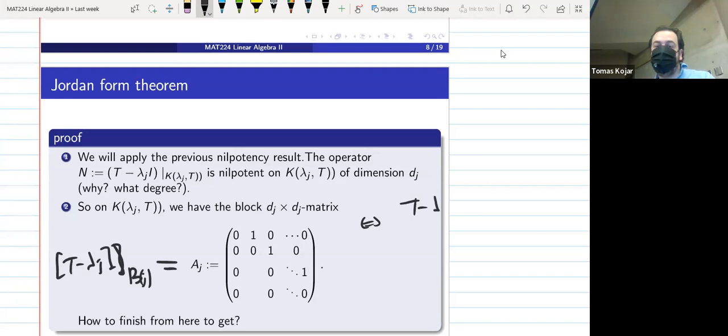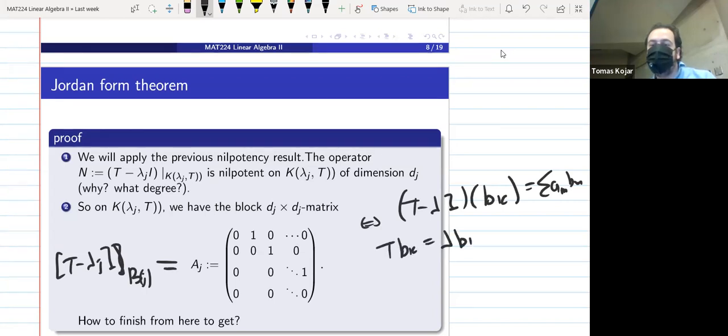You have T minus lambda I. You evaluate it on some vector b_k, and you get some combination of the b_k's, call it A. Now you can split this: T of b_k is equal to lambda b_k plus this combination.